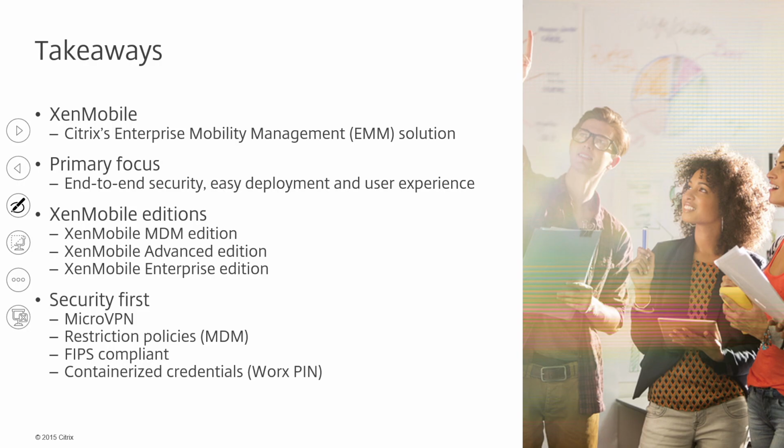FIPS compliant, again, we can secure the data either in motion or at rest on the mobile device, to make sure that with all your documents and data, there is no leakage at that level. And when it comes to Worx PIN, that's one of the ways that you can containerize your Windows credentials. So instead of entering those credentials over and over, all you need to do is enter a PIN number, and that PIN number is going to take care of the rest behind the scenes.